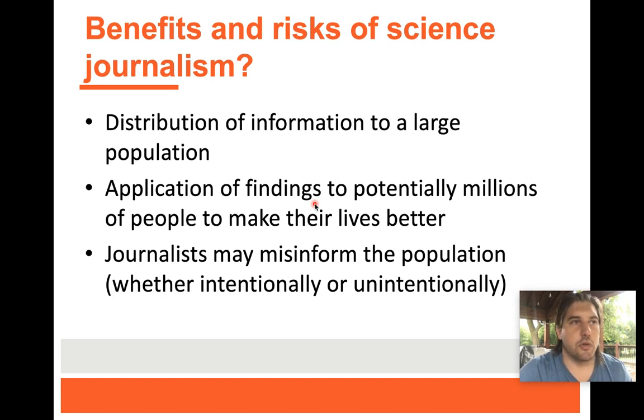And so science journalism is needed and is necessary, and we've seen a really good example of it. Unfortunately, you don't always see good examples of it. Unfortunately, some journalists end up misinforming the population, whether intentionally or unintentionally. It's still a potential danger.